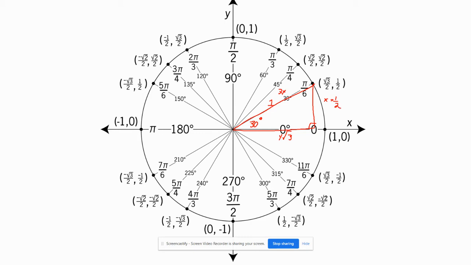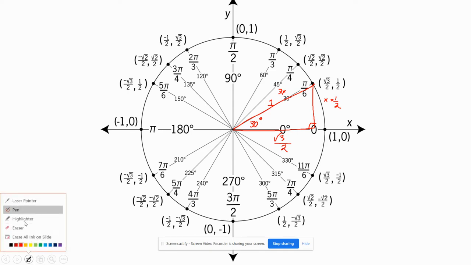And then over here, this side here is going to be 1/2 times the square root of 3, or I can write that simply as the square root of 3 over 2. So now I know that this side is the square root of 3 over 2, and this side over here is simply 1/2.